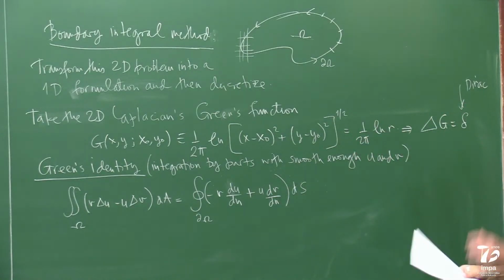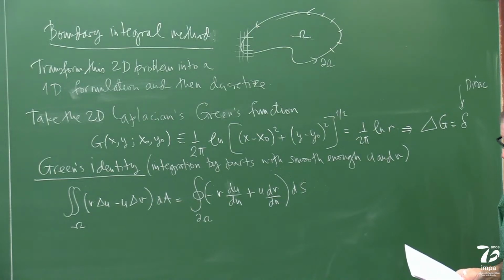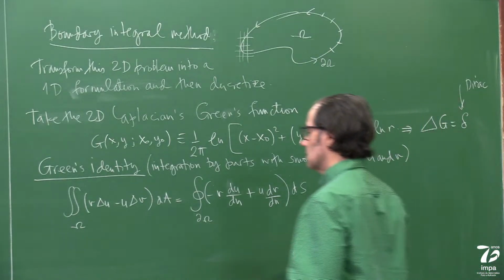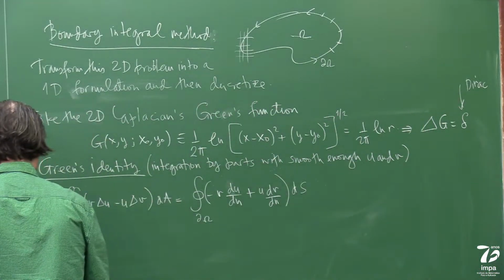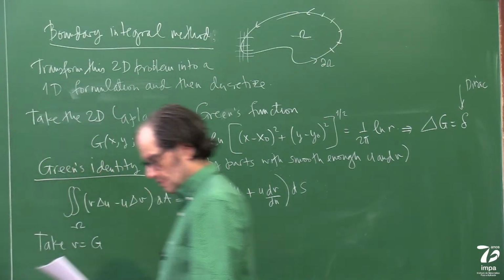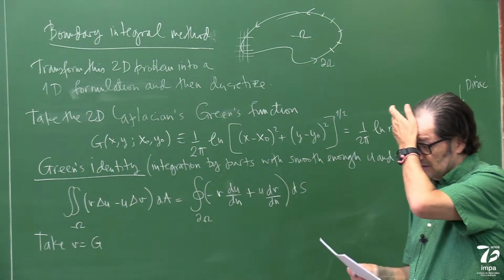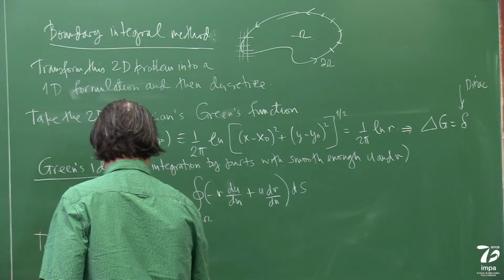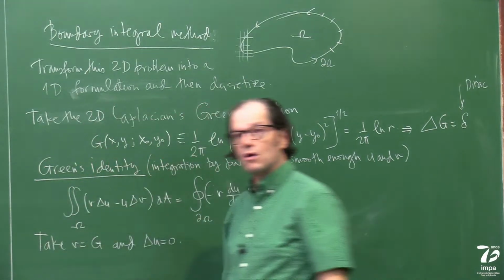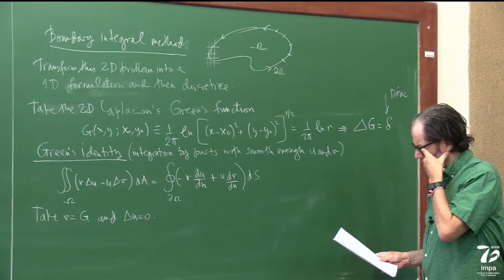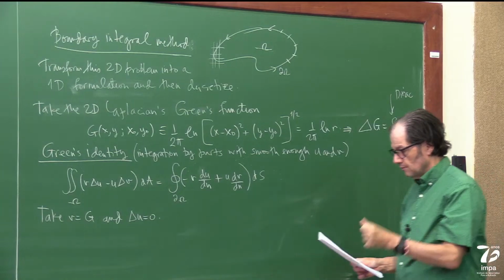Okay, but now if we use the Green's function, I'm sorry, there's something that fell in my eye. So now if we use the Green's function, I'll take v equal to g, okay, and a harmonic u. Then we get to what's called Green's third identity.